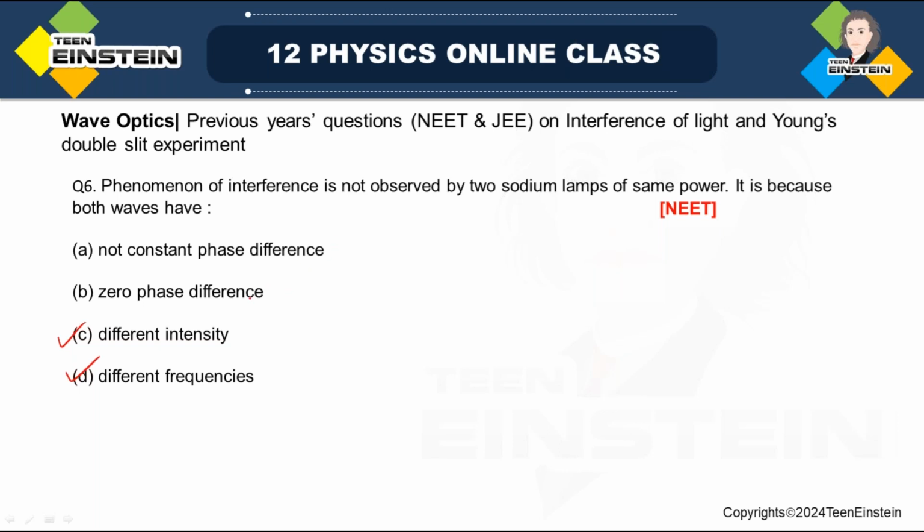The thing is that the interfering waves should have a constant phase relationship, but here the first option, not constant phase difference, will actually be the answer. So with two sodium lamps, we cannot have an interference pattern because their phase relationship is not constant. Okay, now we'll go to the next problem.